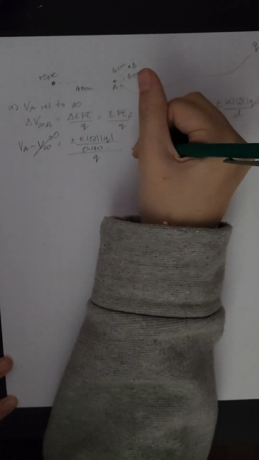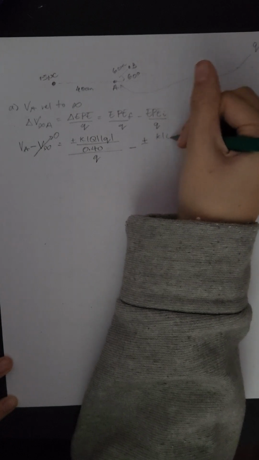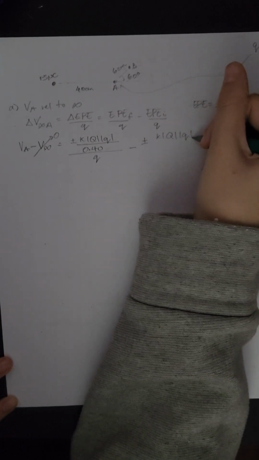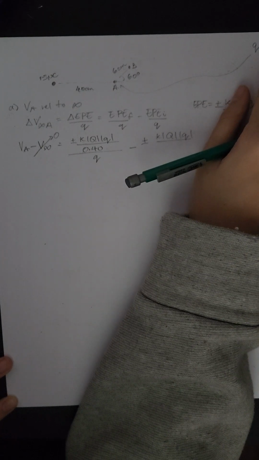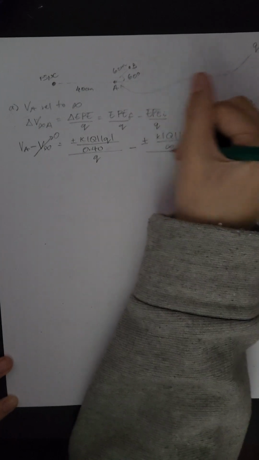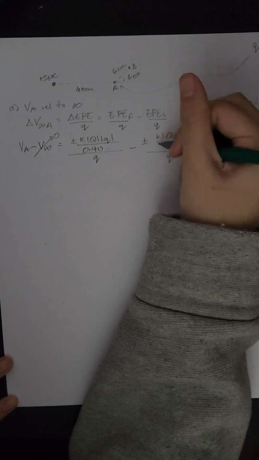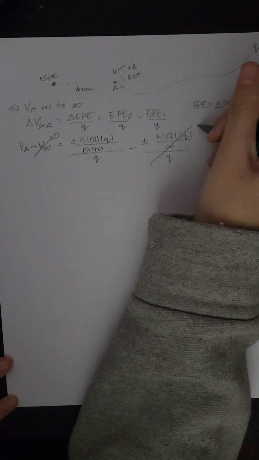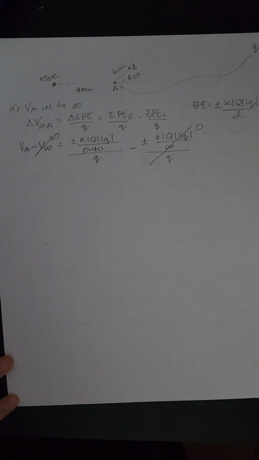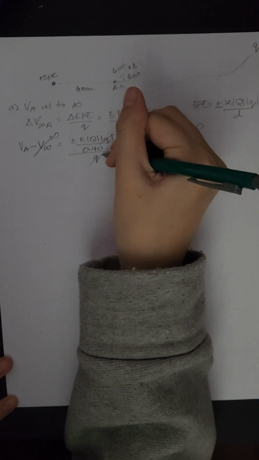I'm not going to write the units. Over Q minus plus or minus K times Q, and the distance is from infinity, so we write that as infinity over Q. And remember, any number divided by infinity is equal to 0, so this we could write as 0. And we can cancel out Q here.